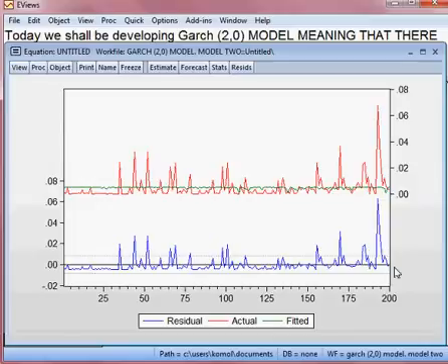There is clustering volatility, meaning that we can run the ARCH model. Why? Because a period of low volatility is followed by a period of low volatility for a prolonged period.